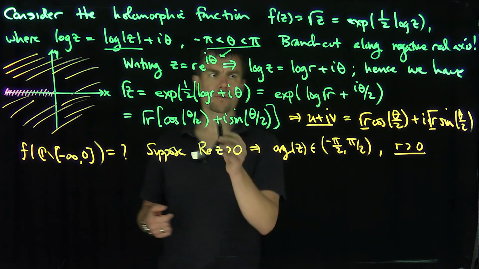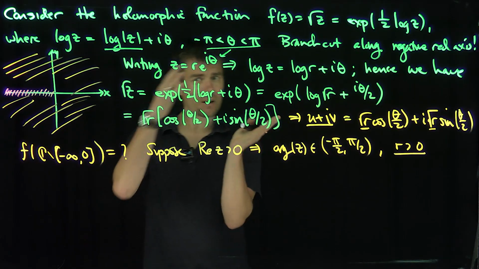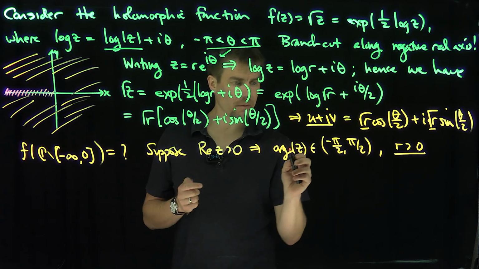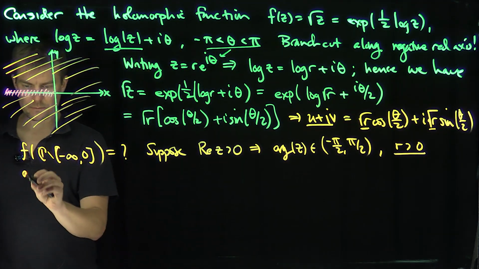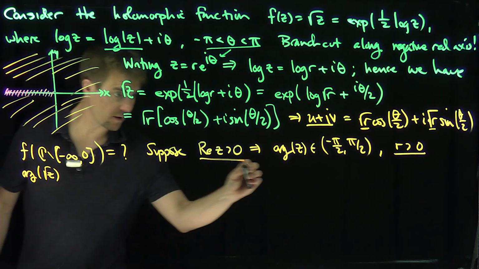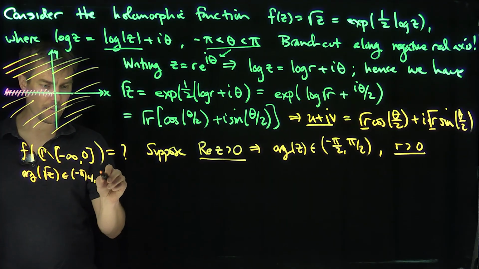And now what's happening to your i theta, all your arguments, when you plug them into the square root? The arguments get cut in half. So all the arguments are cut in half. Therefore, the argument of root z for this real part of z greater than 0 is going to be between negative pi over 4 and pi over 4.